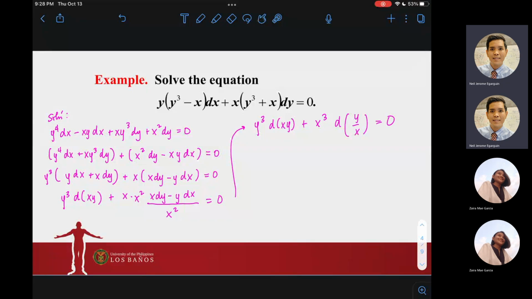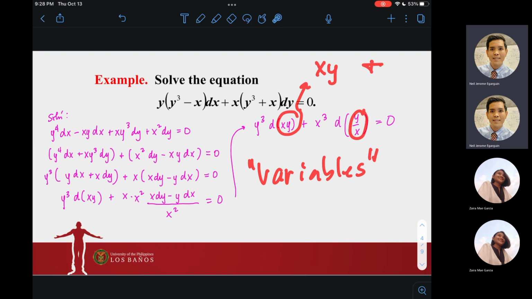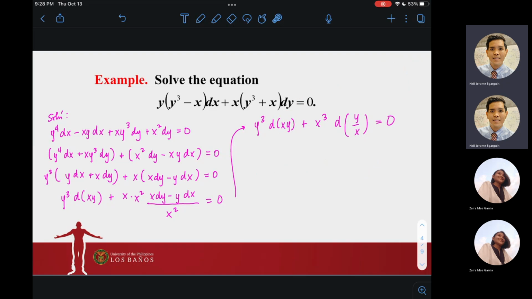Pero when I say variables, it's in quotation marks. Kasi ngayon, ang kinoconsider na natin na variables ay yung nasa loob ng differentials. So ang variables natin ay xy and y over x. Kasi sila yung mga nasa differentials. Okay? So ngayon, try ko ngayong i-separate yung may mga xy at saka yung may mga y over x.